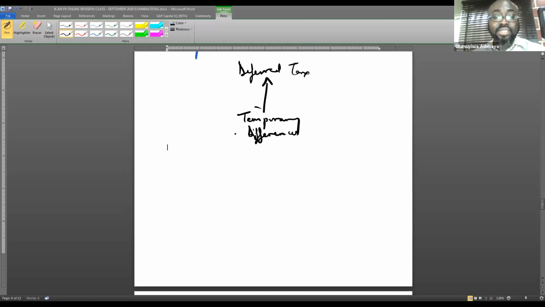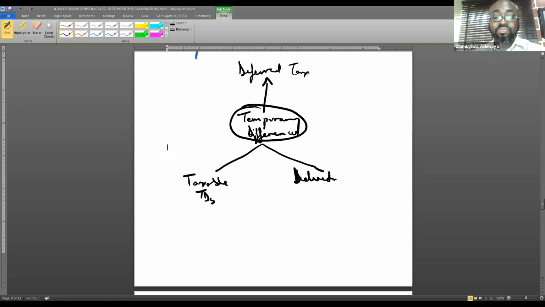Now, these temporary differences, we will later appreciate, could either be taxable temporary differences, or it could be deductible temporary differences. Now, we start to build up questions. The question that I'll first of all ask is this: you are trying to explain deferred tax to me, but you are talking about temporary difference.